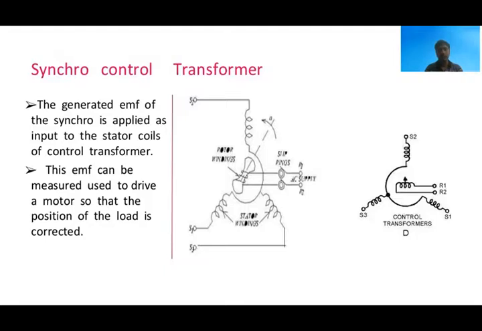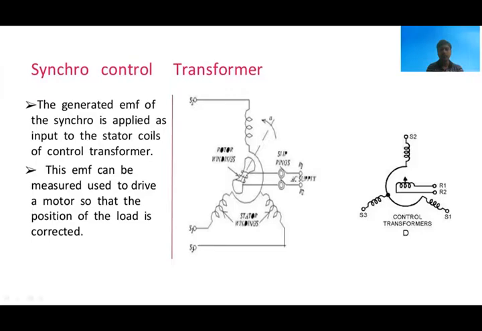The working principle of the synchro control transformer is that when the EMFs induced in the stator windings are applied to the control transformer, these EMFs are converted into mechanical rotation depending on the rotor position and the EMFs applied to the stator windings. Thereby, this rotor position controls the load connected to the motor winding.